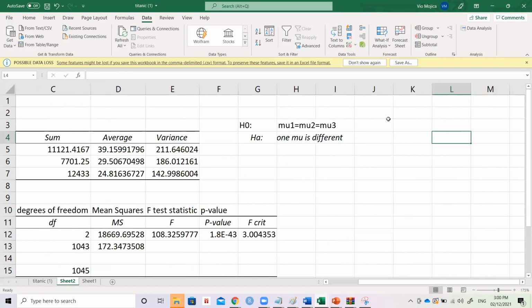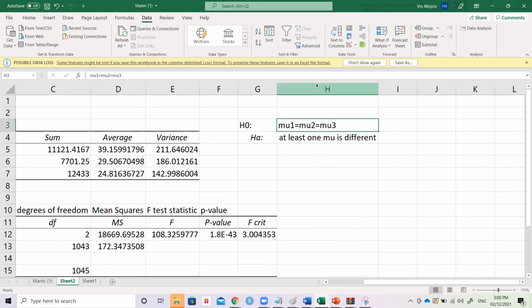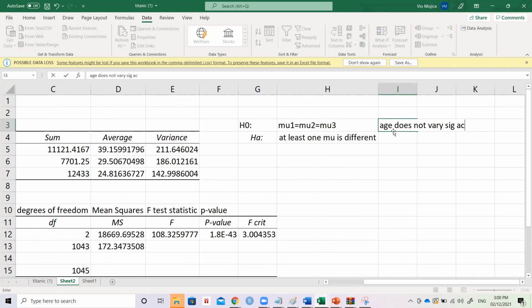Alternatively, this can be written as age does not vary significantly across passenger class, and this one can be written as at least one passenger class has a significantly different mean age.